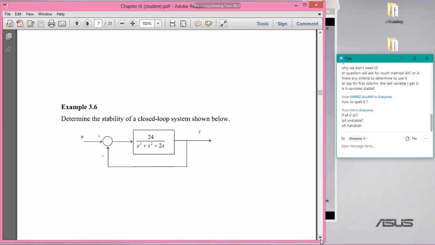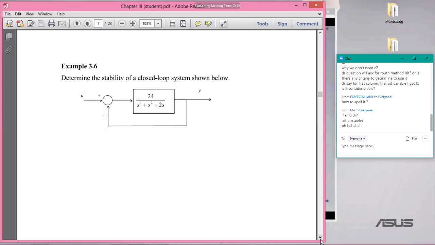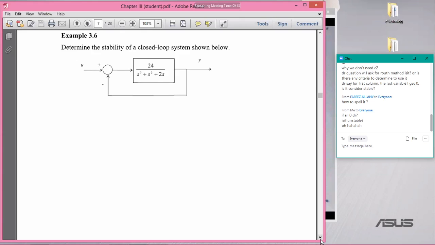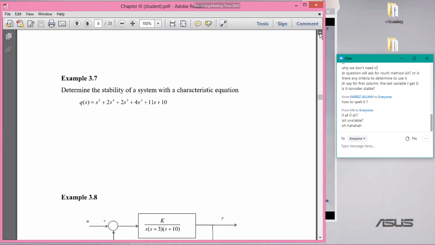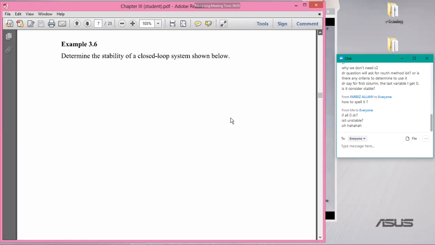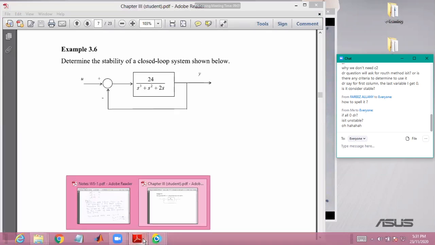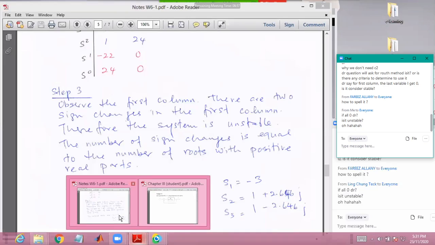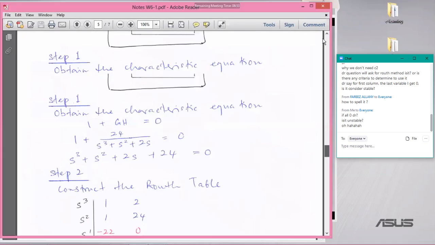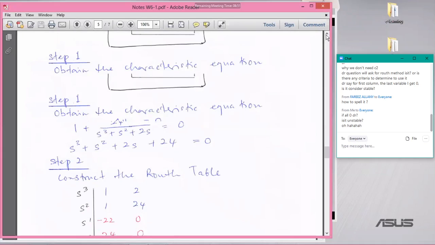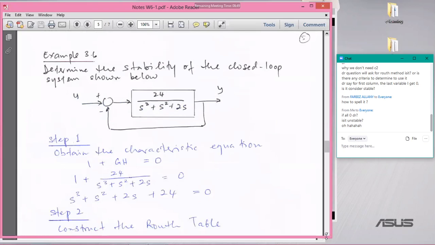It is not difficult to develop the Routh table, but just when you think that you have everything, see, life will always surprise you. We are done with 3.6, right?